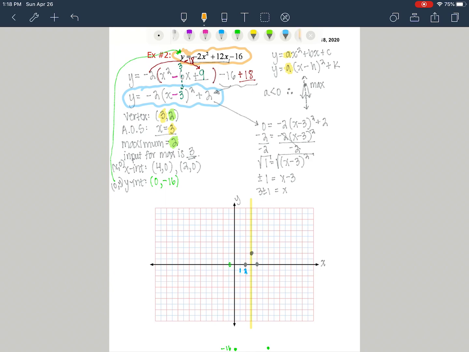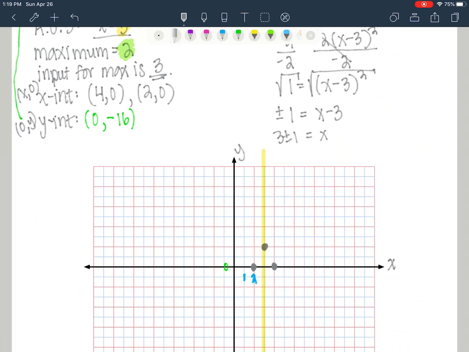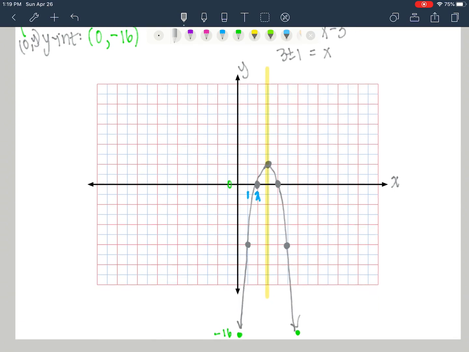So when I put a 1 in, I'm going to have negative 2 plus 12, which is 10, minus 16, and 10 minus 16 is negative 6. So when I put a 1 in, I get a negative 6 out. I'm going to reflect that over the axis of symmetry, and I'm going to draw my parabola opening down.